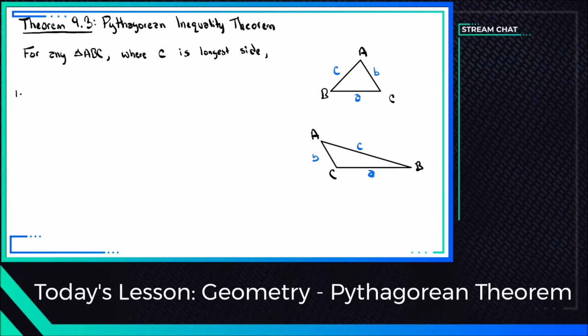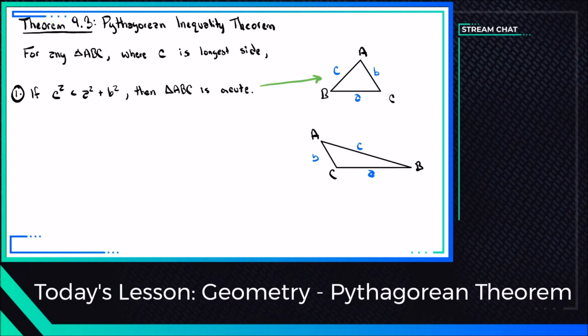Statement number 1, if C squared is less than A squared plus B squared, then triangle ABC is acute. So that's going to be this one right here.